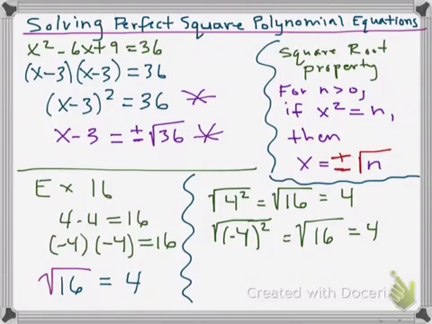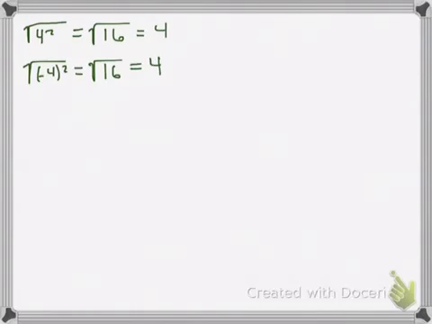Well, this actually reminds me of the absolute value function. If I take the absolute value of 4, which represents distance, I get 4. And if I take that negative 4, I also get 4.